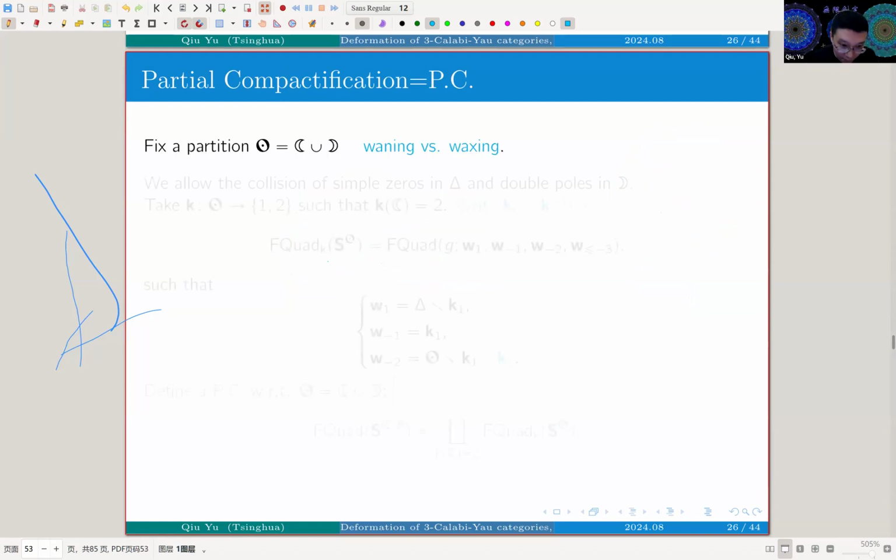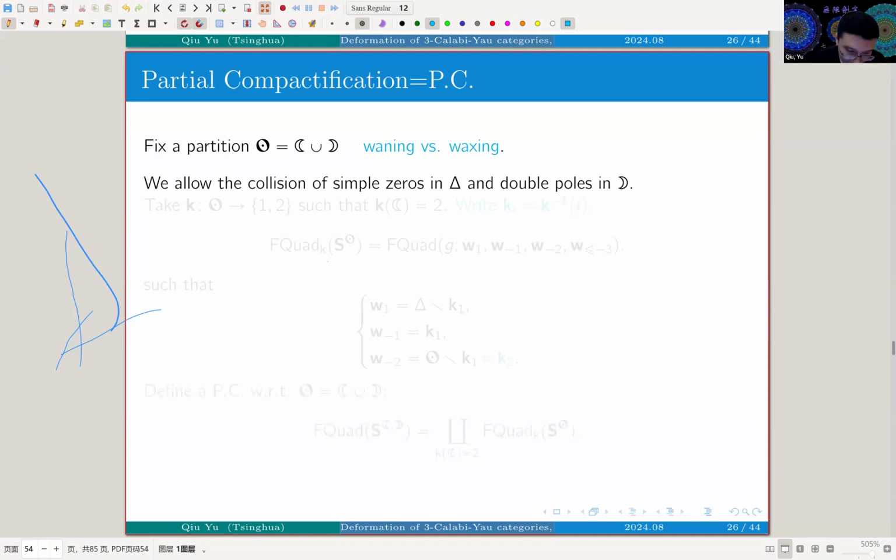Now, in the equivalence potential case, we say that if we take a partition of the punctures, we can deform the potential by adding some terms or subtracting some cycles. That's the definition in the equivalence potential story, which corresponds to deformation of the 3-Calabi-Yau category. So what about in the model space?